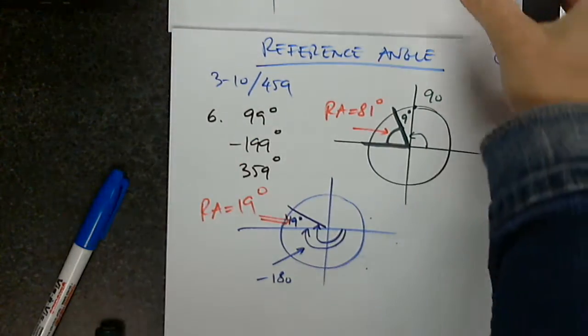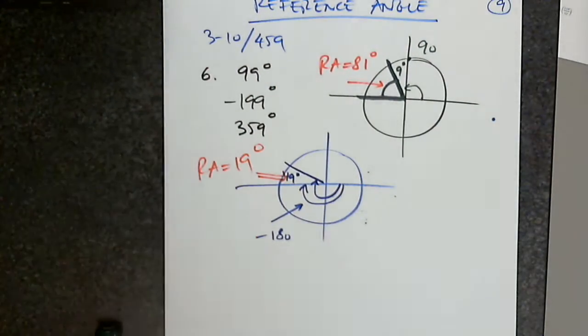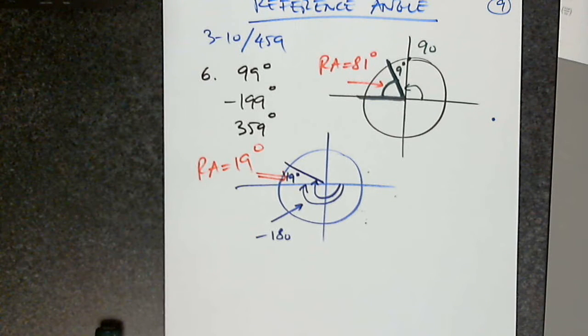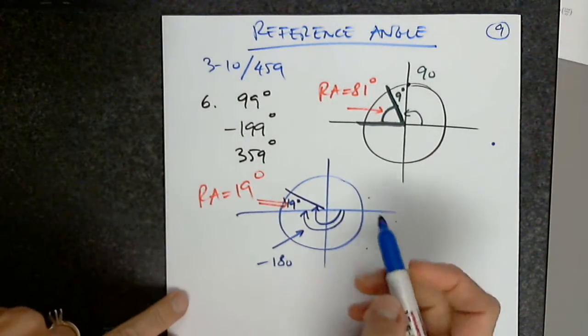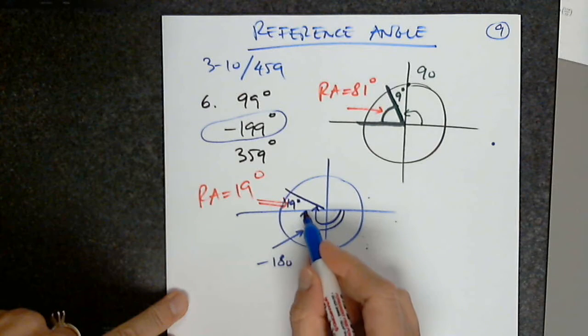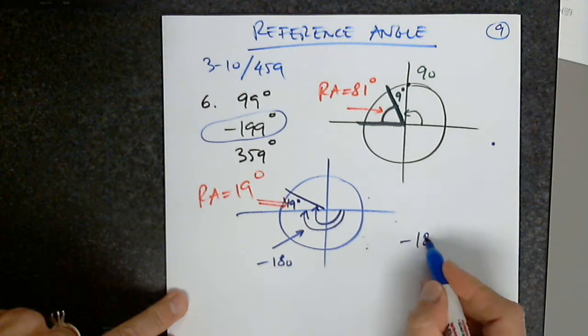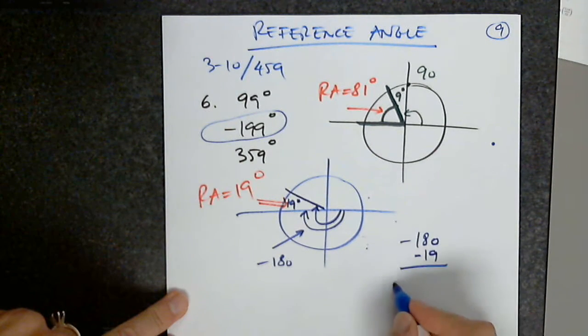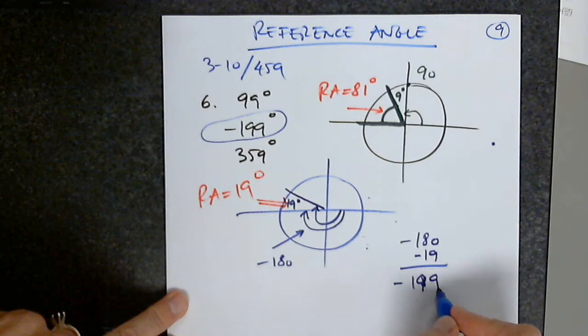The last one here. Let me see the time. Okay, can you do that one more time? Yes, I have negative 199. So this is negative 180. Negative 180 and minus 19 will be negative 199.